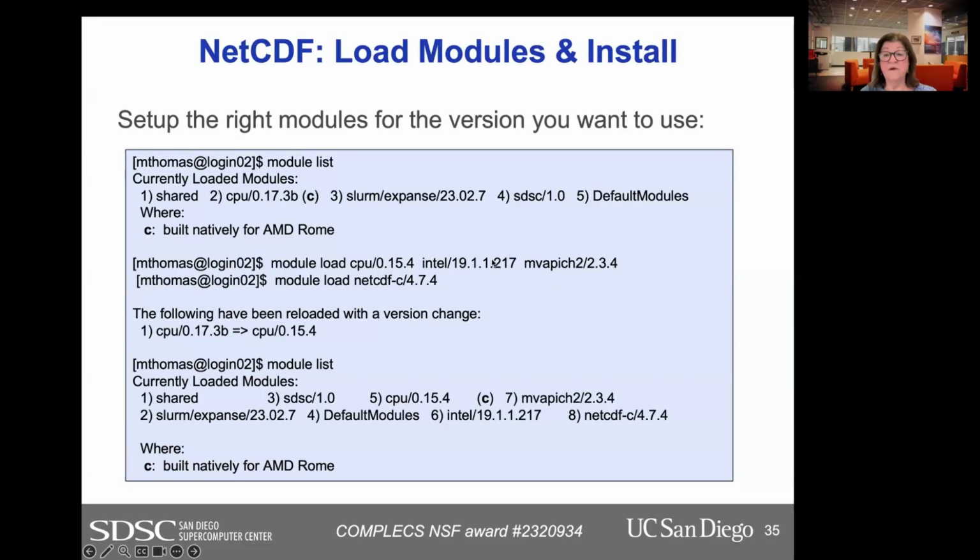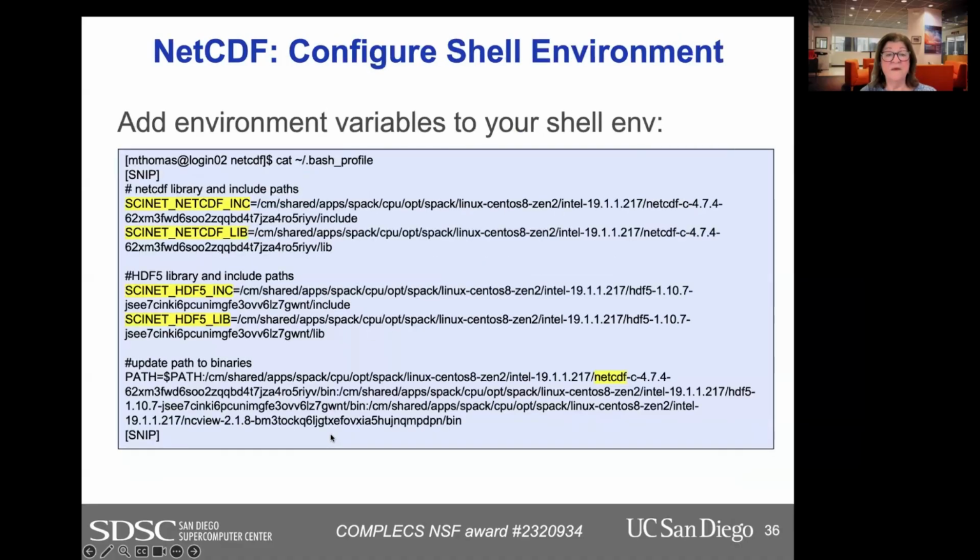I add in the ones I need to run netcdf, including netcdf-c/4.7.4. I make sure they're in there, and then I look at my bash profile, and I'm showing you the different 4 variables that must be set for the netcdf to run properly, and the paths are in there properly.